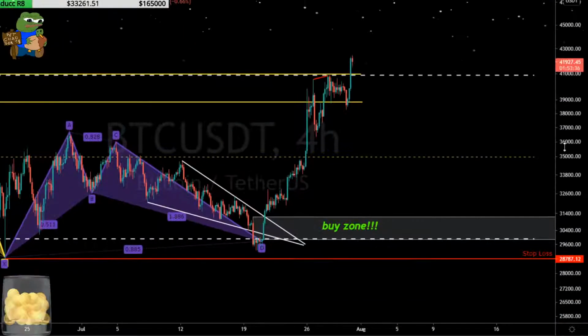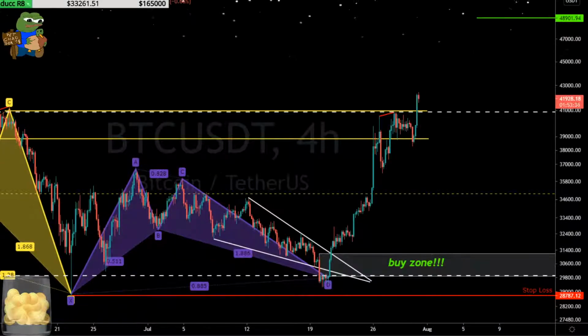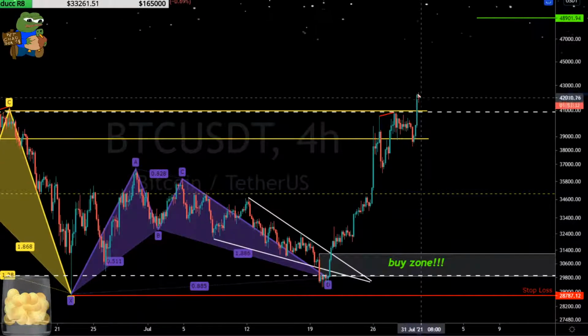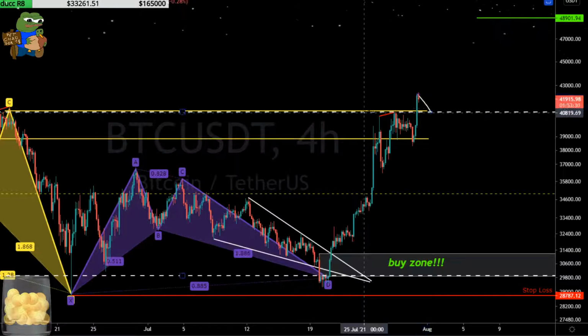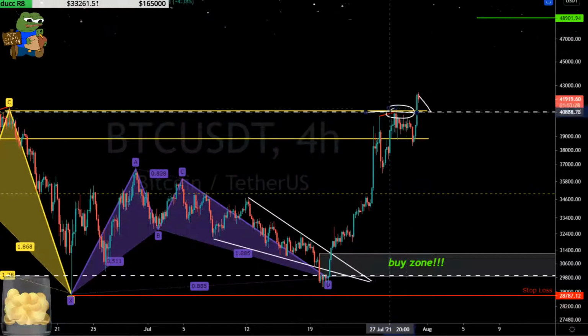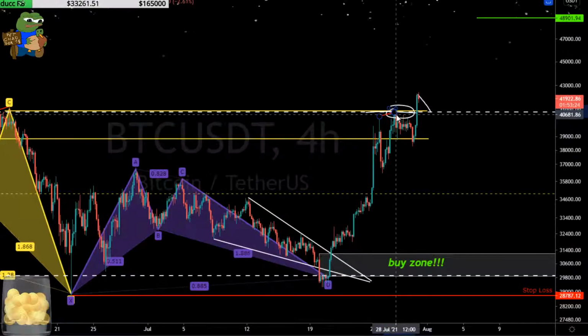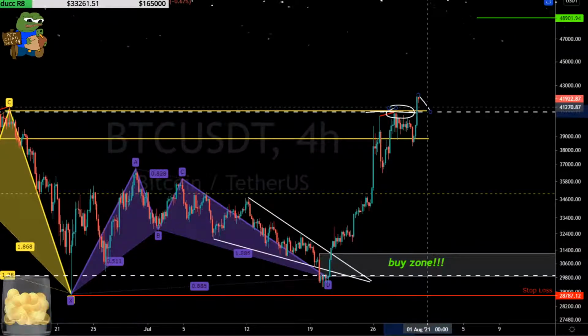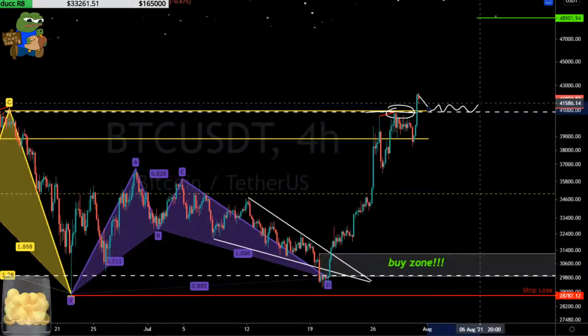Okay, so again, how do we know it's not going to? Well, this would have to hold above this previous high right here, okay, basically hold 47,000. That's like 47,000, so almost holding the high 47Ks, right?